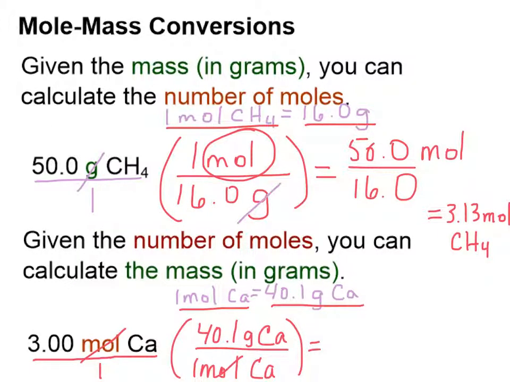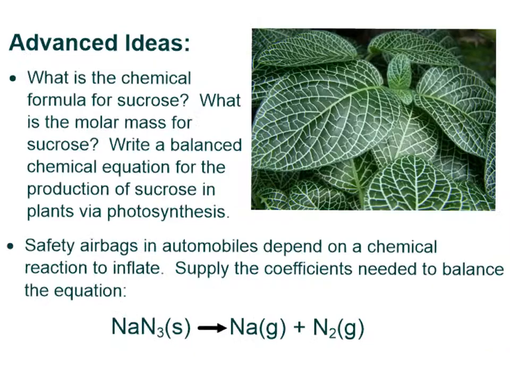You can see that I'm going to get 3 times 40.1. That's 120.3. When I multiply these numbers across, 1 times 1 is just 1. My moles canceled out. The only units I have are grams of calcium. So my answer is 120.3 grams of calcium.